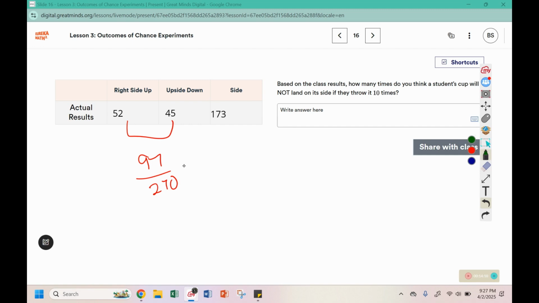If we use those results and compare it to only 10 times, if you cross multiply and divide 97 times 10 and divide by 270, you get 3.59 and so on. But you're going to round it to the closest whole number because you wouldn't throw it a half of a time or a partial time. So this would be approximately 4 times where it would not land on its side out of the 10.